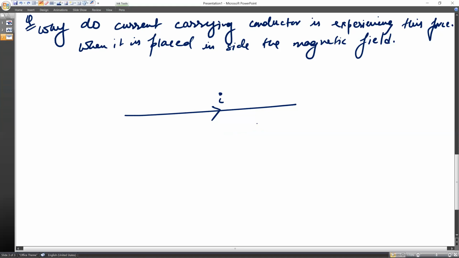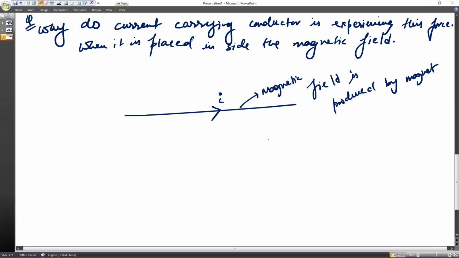When a charged particle moves, it produces a magnetic field, and a magnetic field is produced by magnets.